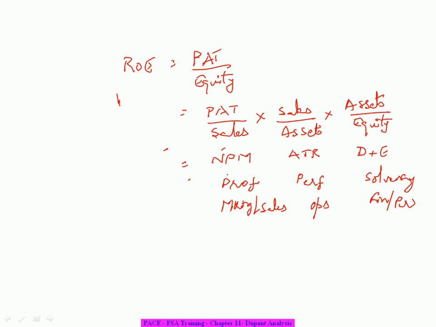So company-wise, even if the ROE is high compared to a competitor, I will look at it from the three perspectives. Is it high on all three counts? Sometimes even if two of them are higher and the third is lower, the total may be higher.